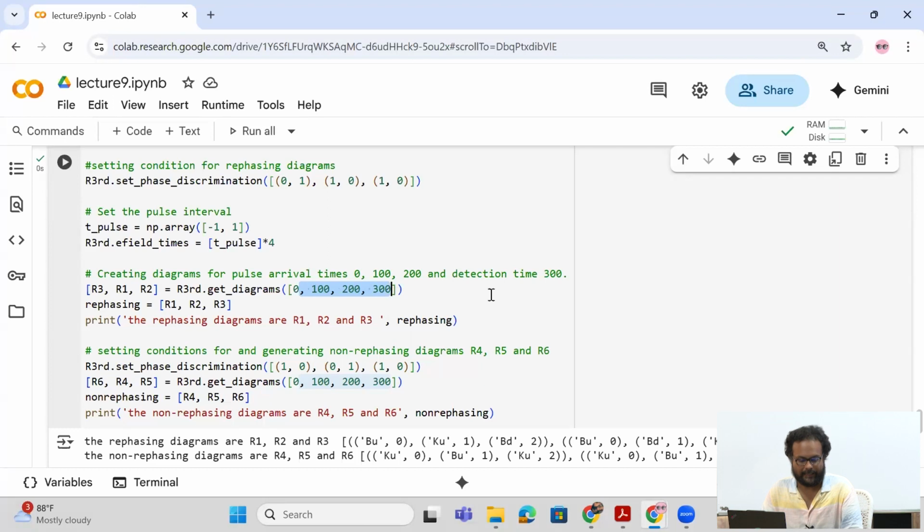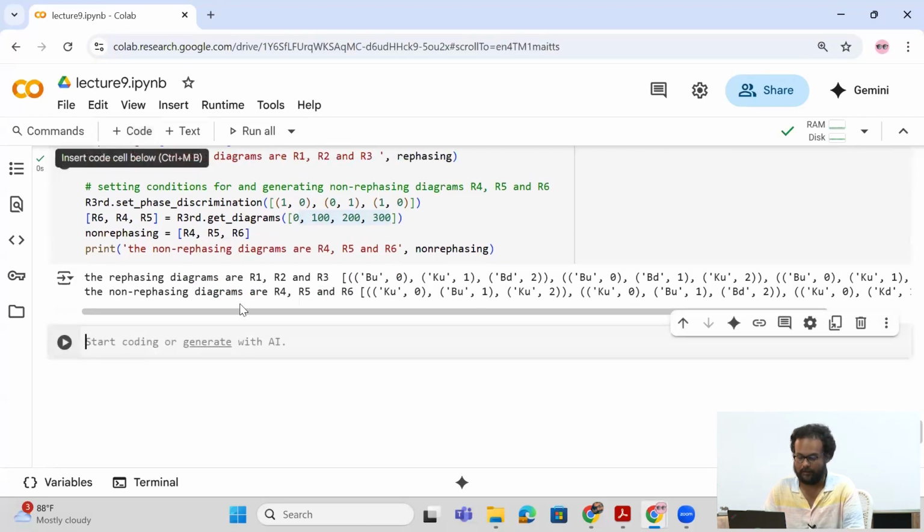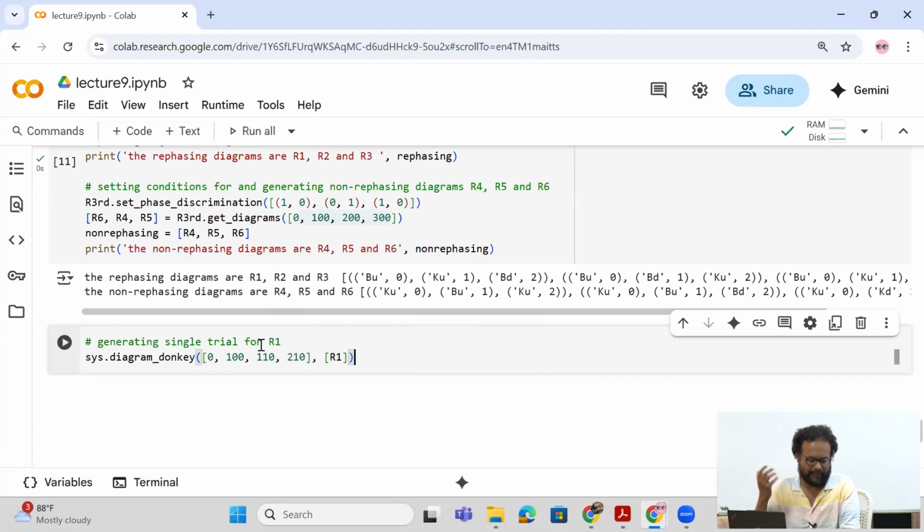The actual times of arrival of each of those interactions has to be set actually within your PewDiePie. Again, you can use diagram donkey to verify what happens for different arrivals.